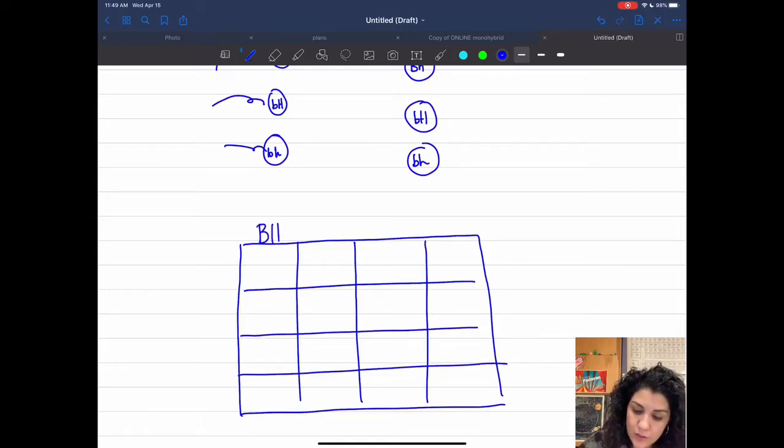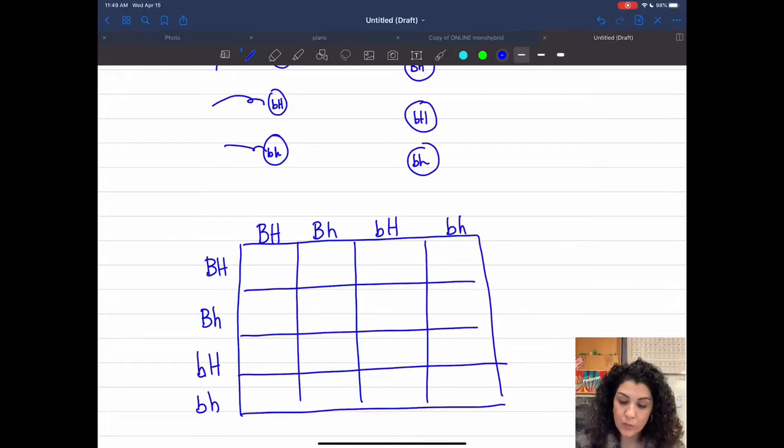And again, I'm going to put big H and big B. And then we're combining them together. So remember, this is the same thing that we had with the regular Punnett square, but what we're doing is 2-letter groupings. So big B, big B, big H, big H.